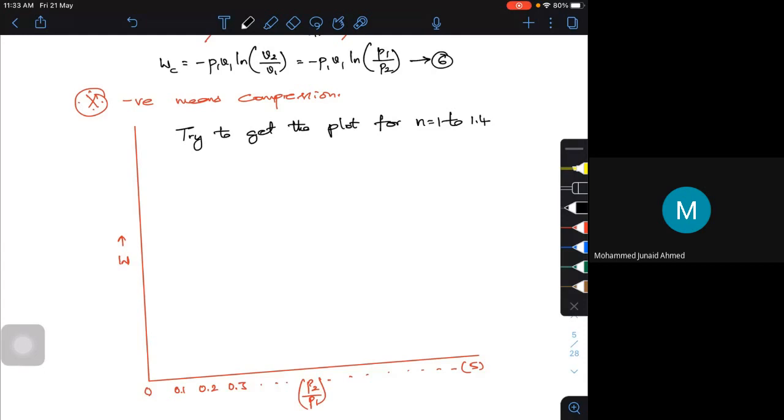So you are doing an Excel sheet or you can write a program, whatever it may be. Try to show me how the work varies with your pressure ratio.